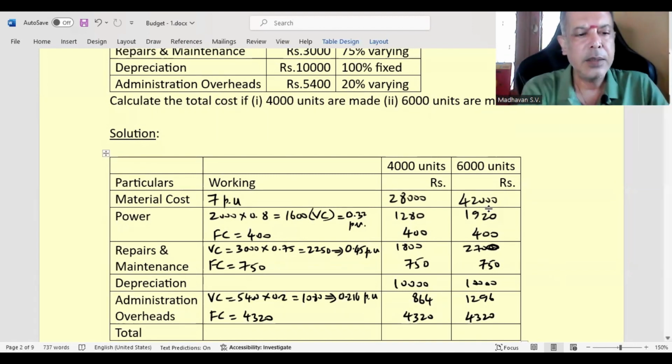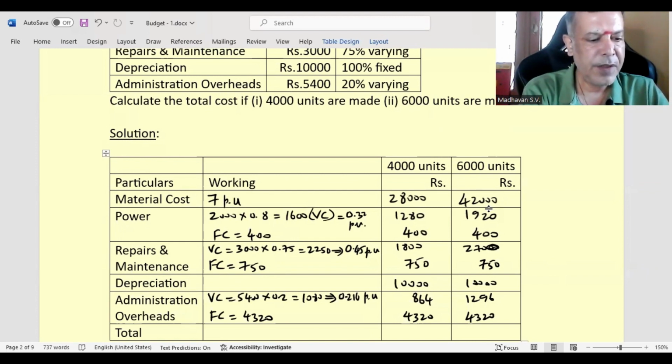Now we can add 4,320 plus 864 plus 10,000 plus 750 plus 1,800 plus 400 plus 1,280 plus 28,000. We get 47,414.